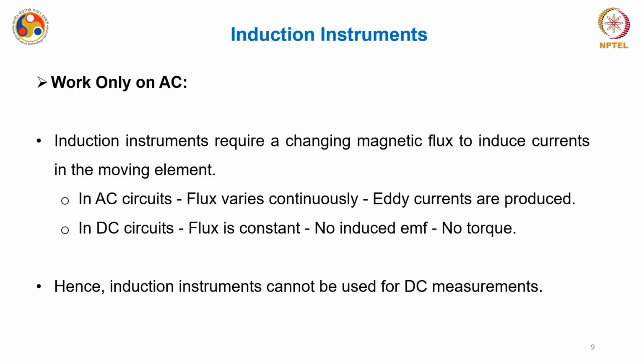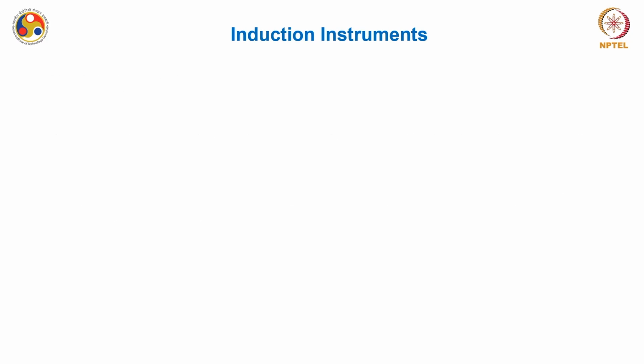In DC circuits the flux is constant, so there is no induced EMF, and when there is no induced EMF there is no torque. That is why I initially mentioned that induction instruments are not useful for the measurement of direct quantities like DC current or DC voltage. They can only be used for the measurement of AC quantities.